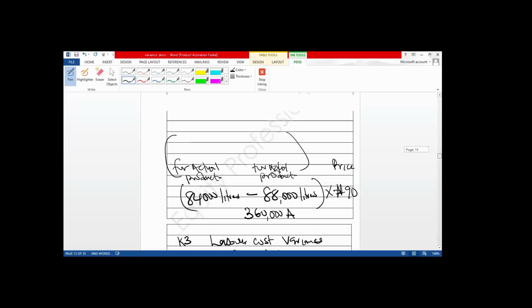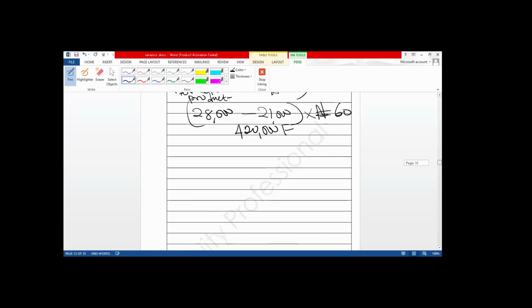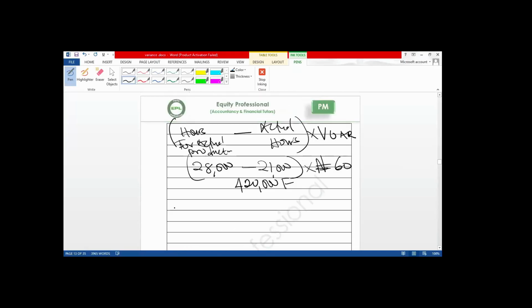Let's go to the workings. Working 6: fixed production overhead variance. Under it, we can divide it into 2.